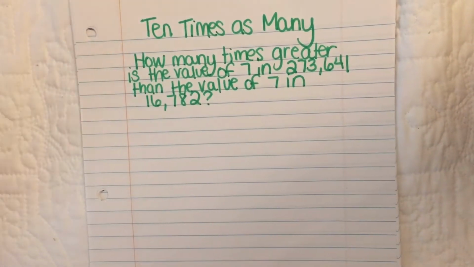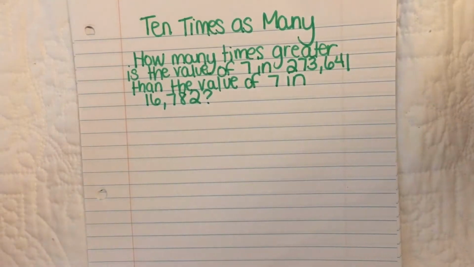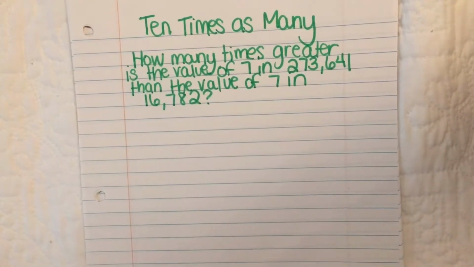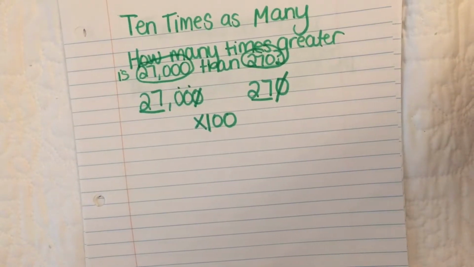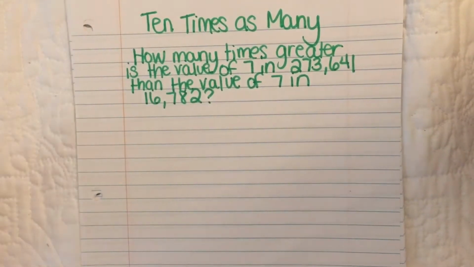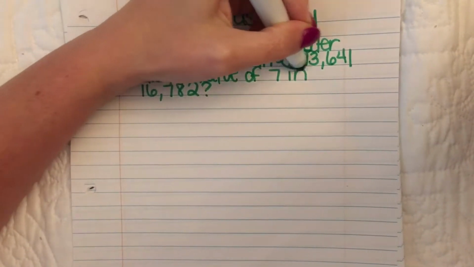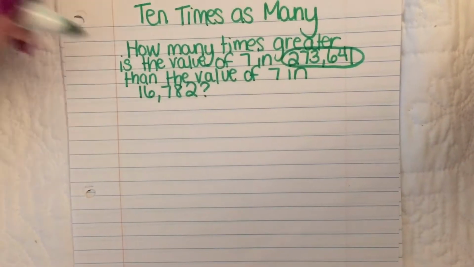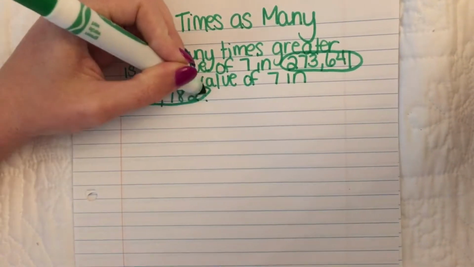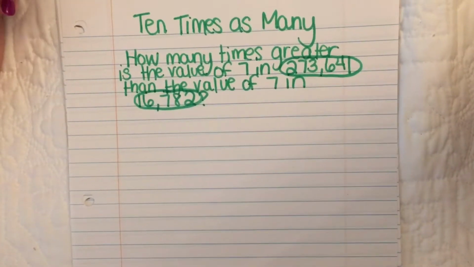Sounds like a lot, but when we really break it down, it's not all that crazy. So essentially, we want to get back to a problem similar to this. So what I ask students to do is to pull out those numbers. And remember, we're looking at numbers as a whole, not digits at this point. We want to pull out the numbers.